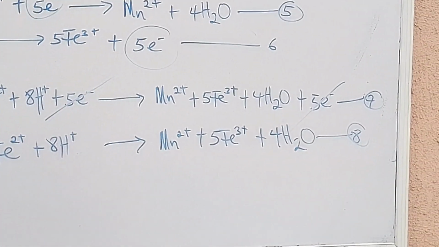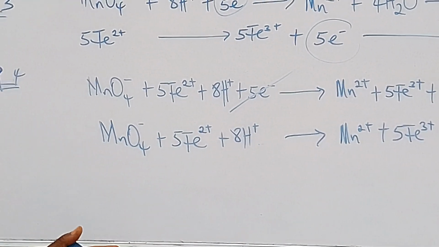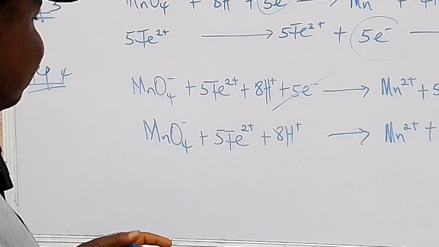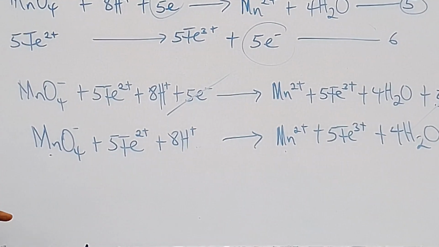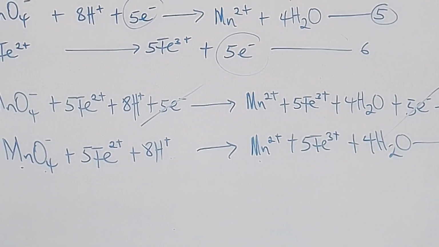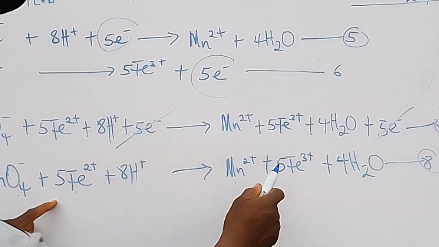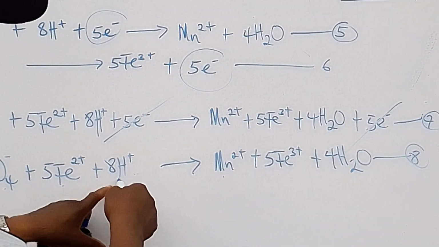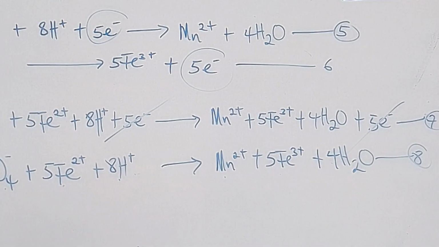We need to confirm if this equation is actually balanced both in terms of atoms and in terms of ions. Manganese 1, manganese 1, correct. Oxygen 4, 4, correct. Iron 5, iron 5, correct. Hydrogen 8, hydrogen 8.